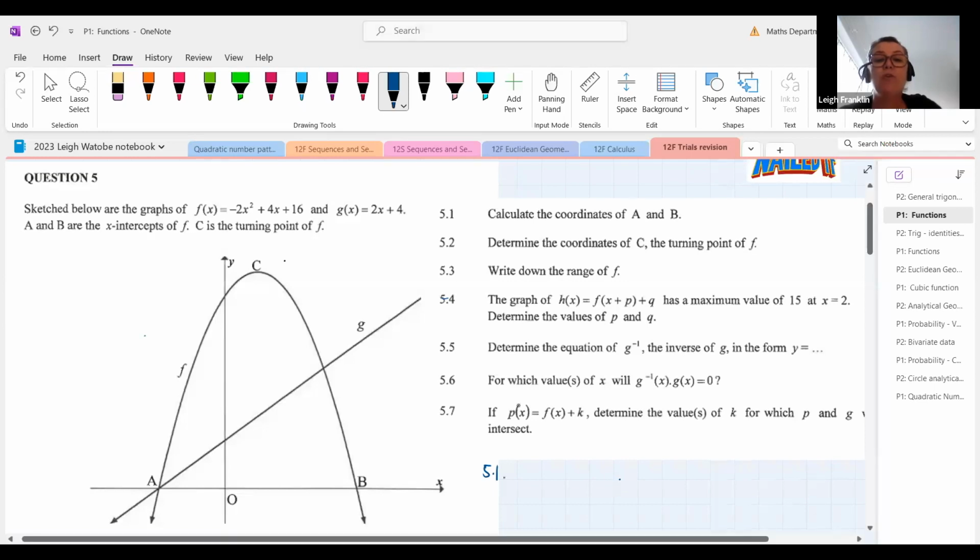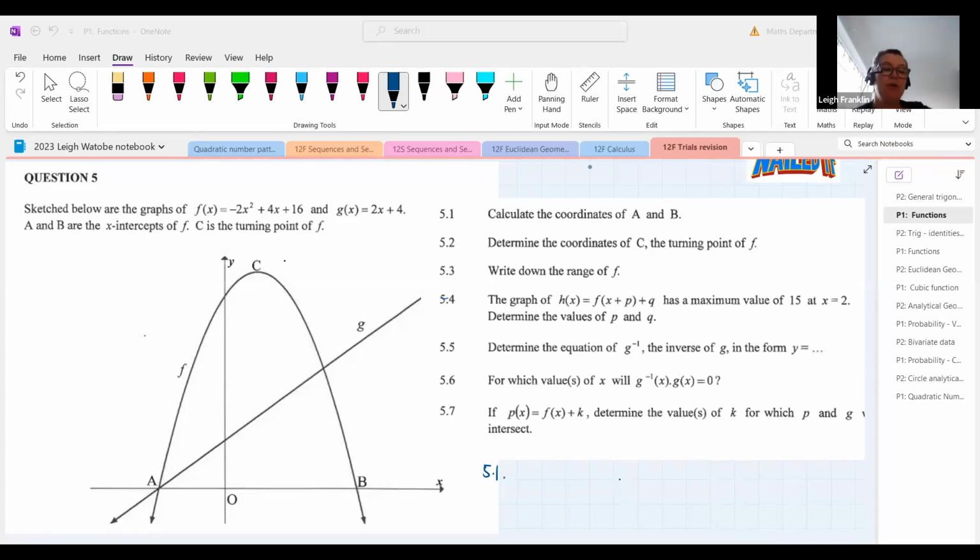Okay, Cheslin, I got a different answer for the coordinates at C. Perhaps you can explain to me how you got those numbers that you've sent through. Because I got a different answer to you.